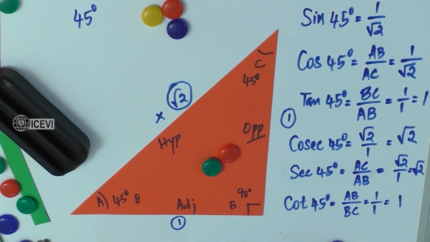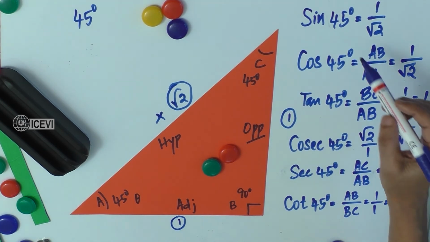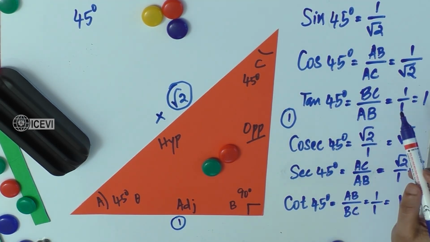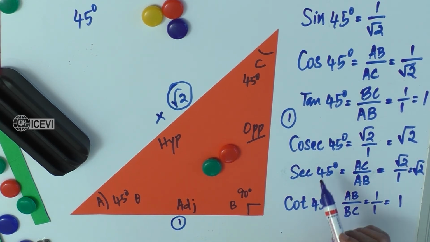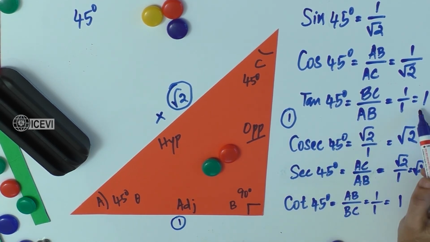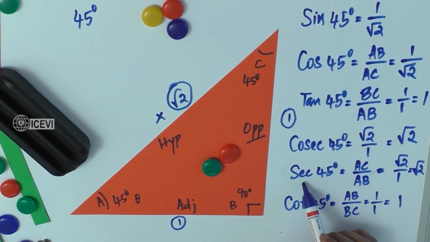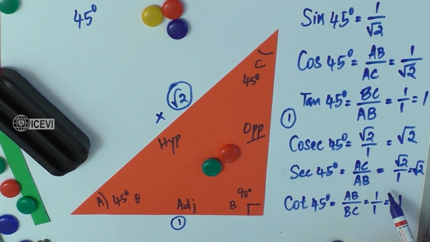So in the case of 45 degrees, sine 45 degrees is 1 by square root of 2, cos 45 degrees is 1 by square root of 2, tan 45 degrees is 1, cosecant 45 degrees is root 2, secant 45 degrees is square root of 2, and cotangent 45 degrees is 1.